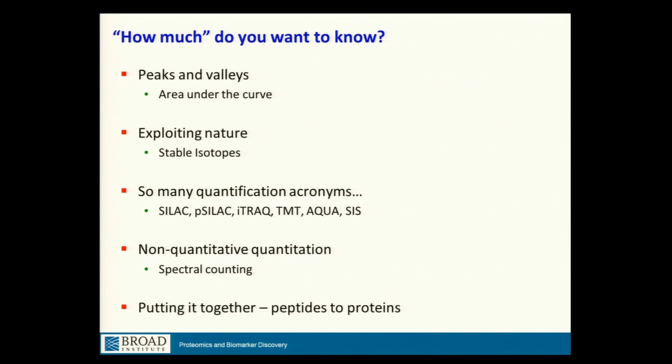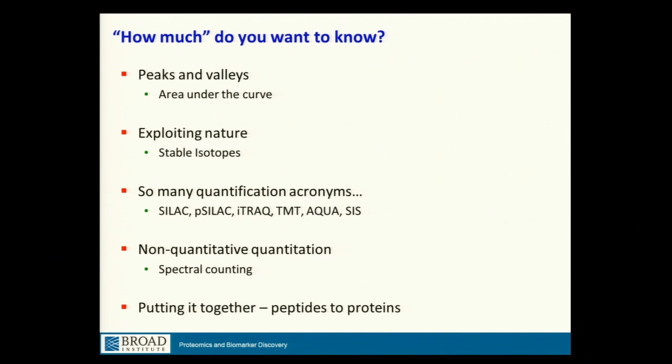And then you've probably seen or heard lots of different acronyms in quantitative proteomics: SILAC, iTRAQ, TMT. There are new ones, pretty much every month if you read the journals. And so I'll try to decode some of that for you and let you know what are the key concepts behind that.